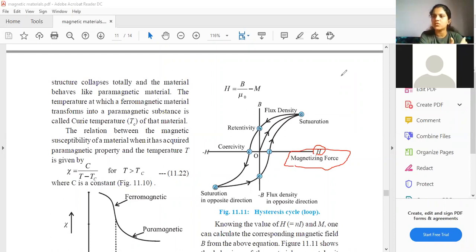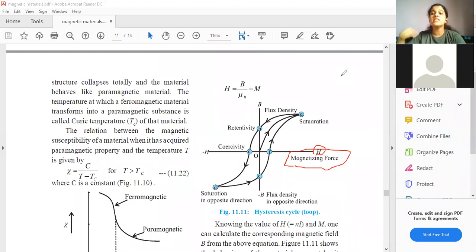It is magnetized throughout the volume. What is the cause of this magnetization, students? The current that is flowing through the solenoid. Yes or no? Because that current is responsible for the magnetic field. The more the current, the more the magnetic field, and the more the magnetization.